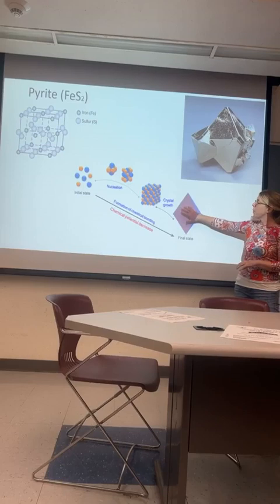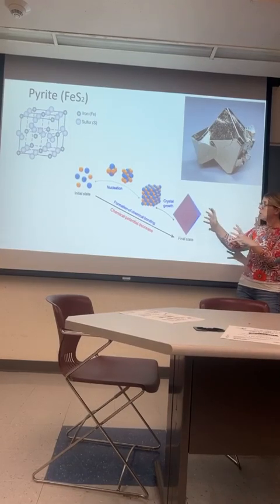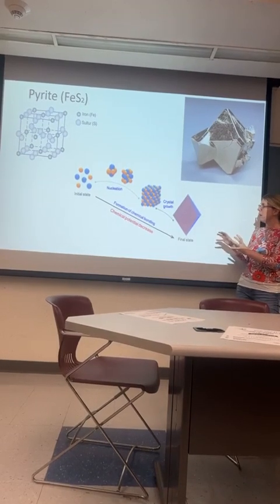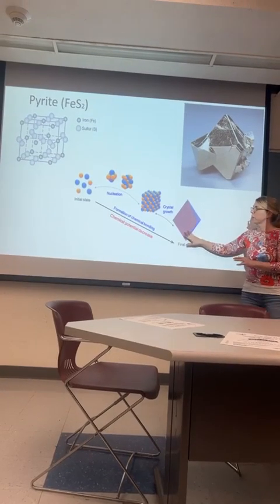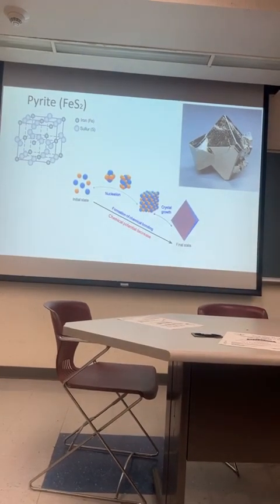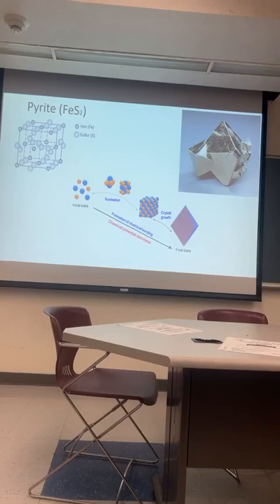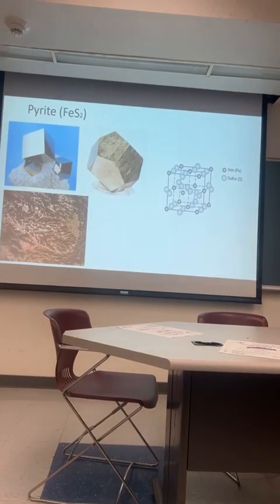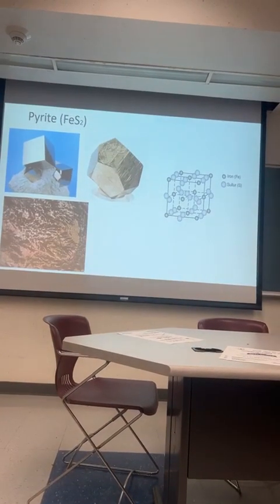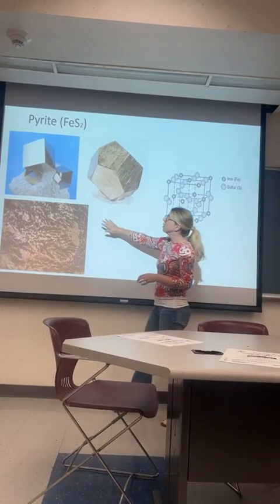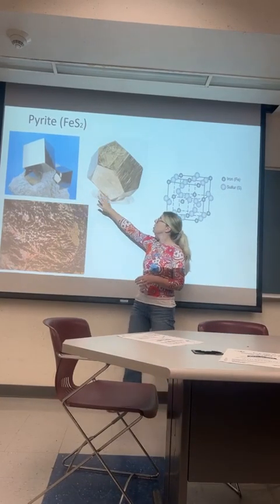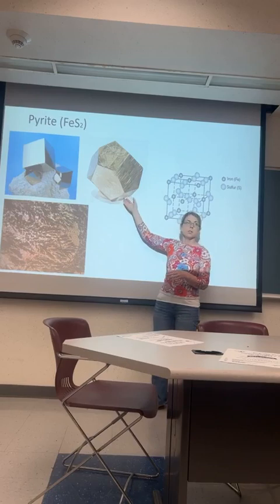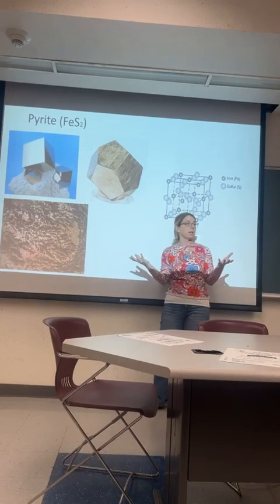Essentially, for pyrite, you have a whole bunch of little cubes of iron and sulfide that you stack together and you create an octahedron. We all have seen lots of pyrite, it's super common. And we know that pyrite takes a bunch of different forms. So you can get cubes of pyrite, you can get a form of pyrite called a pyritohedron, which is a dodecahedron.